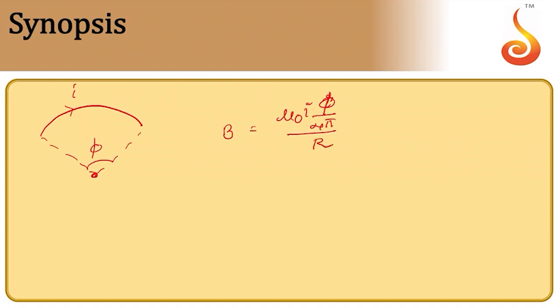So magnetic field due to a part of the circular current carrying loop subtending an angle phi at the center is given by mu naught I phi divided by 4 pi r. This is pretty simple. The number of turns corresponds to phi divided by 2 pi. That's as simple as that. So the magnetic field is given by this simple expression due to a circular portion of the current carrying conductor.